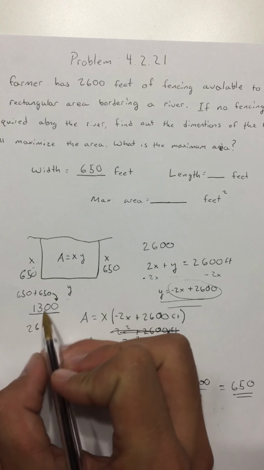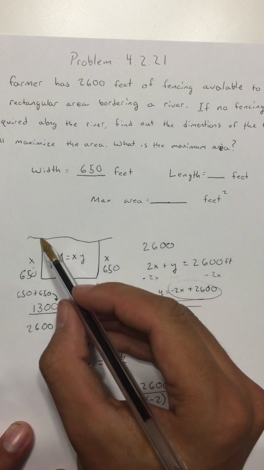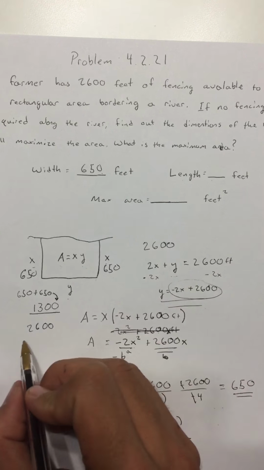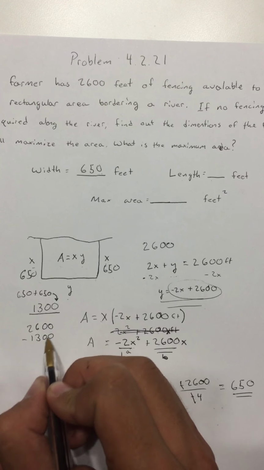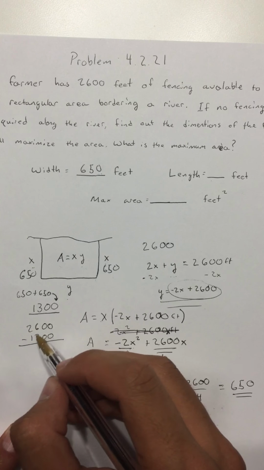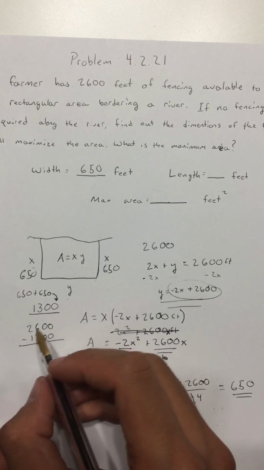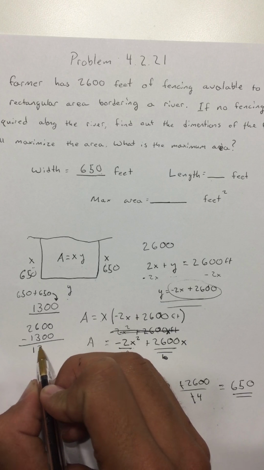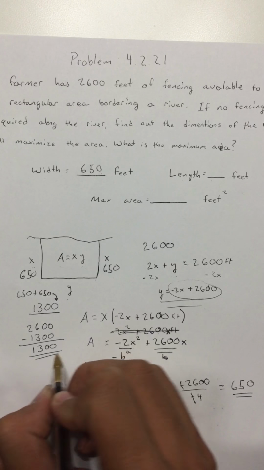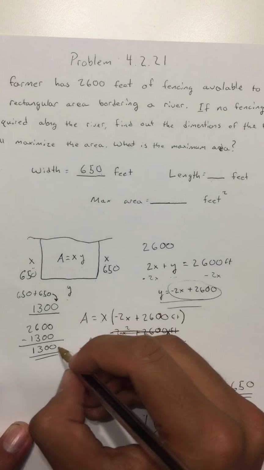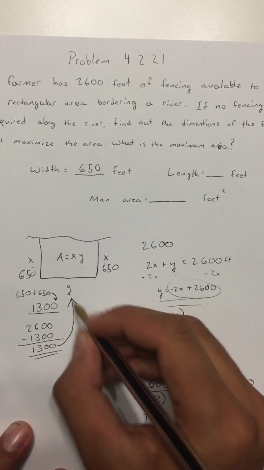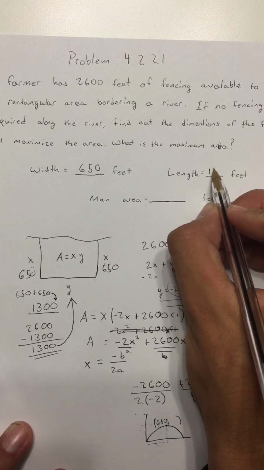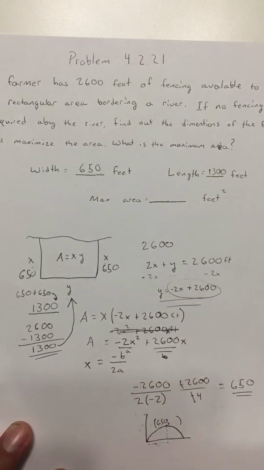So now if we take 2,600, the length of fence we have all together, and subtract 1,300, 26 divided by 2 is actually 13. So this is actually 1/2 of this. So this is 1,300. So y is 1,300. Y being the length of 1,300 feet.